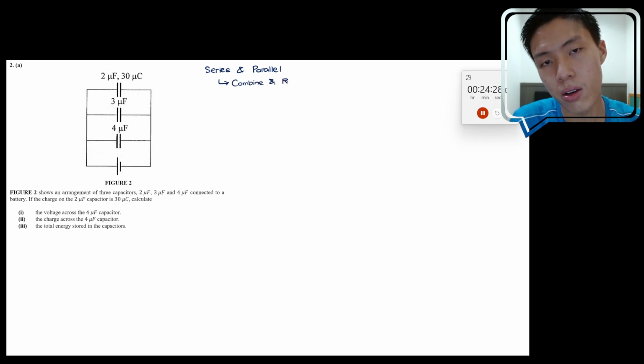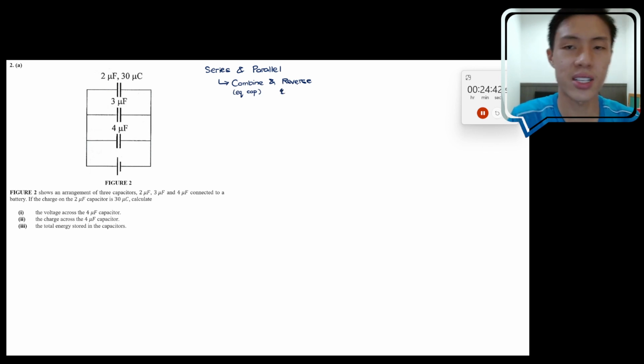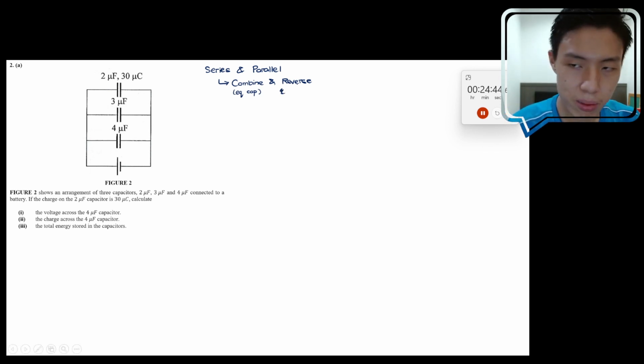This is a very standard step of doing things. Combine means you find the equivalent capacitance. Then after that you reverse. There's nothing much to explain here. Let me demonstrate how to do it.